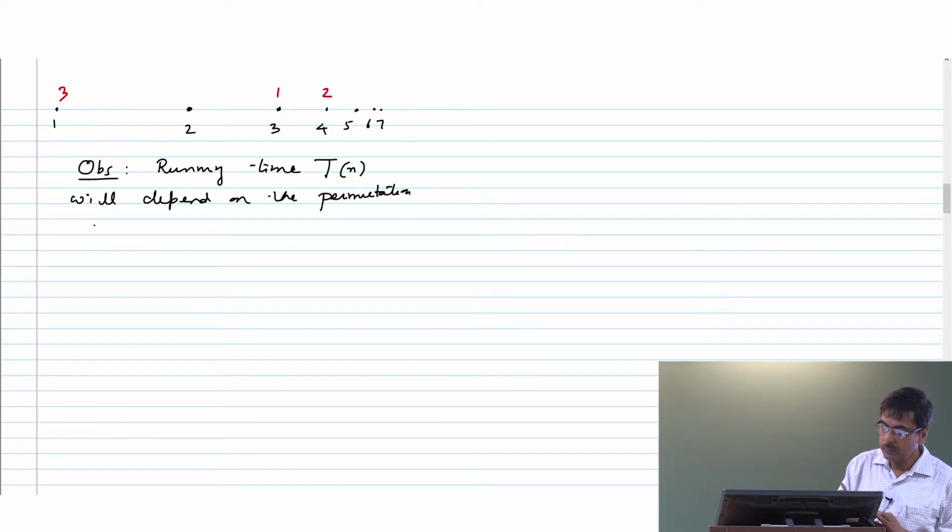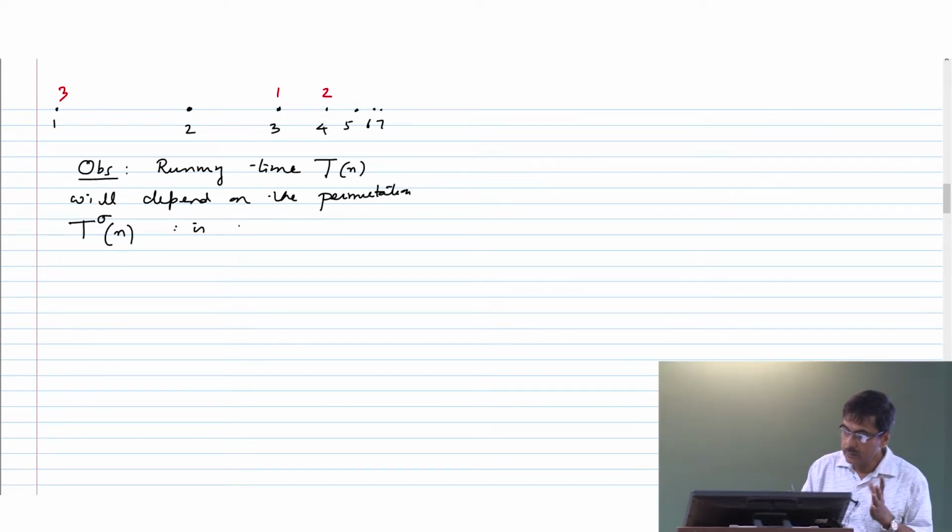If I fix the permutation, let us say some sigma of n, it is some fixed quantity.